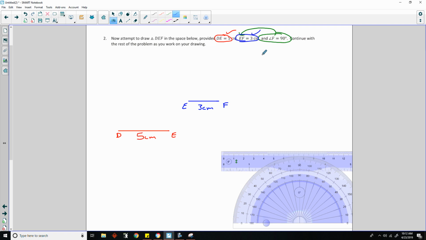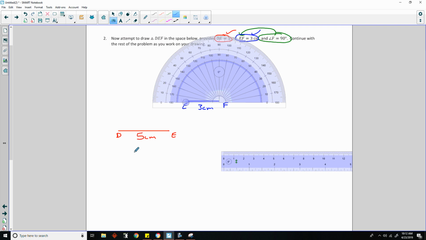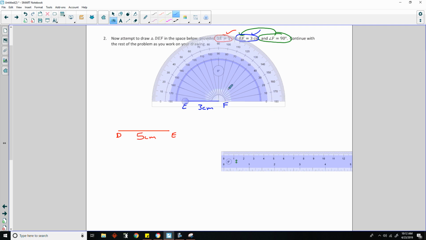Okay, so this is done, and now I need a 90-degree angle at F. So I put my protractor right on F so that my crosshairs are right at the endpoint, and the line segment is on 180 degrees. I'm going to go up and place a dot at the 90 degree right up here.